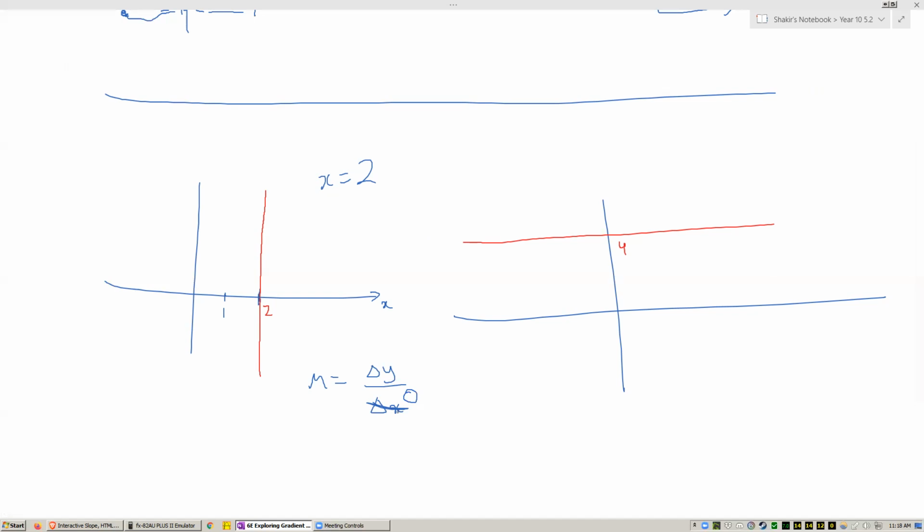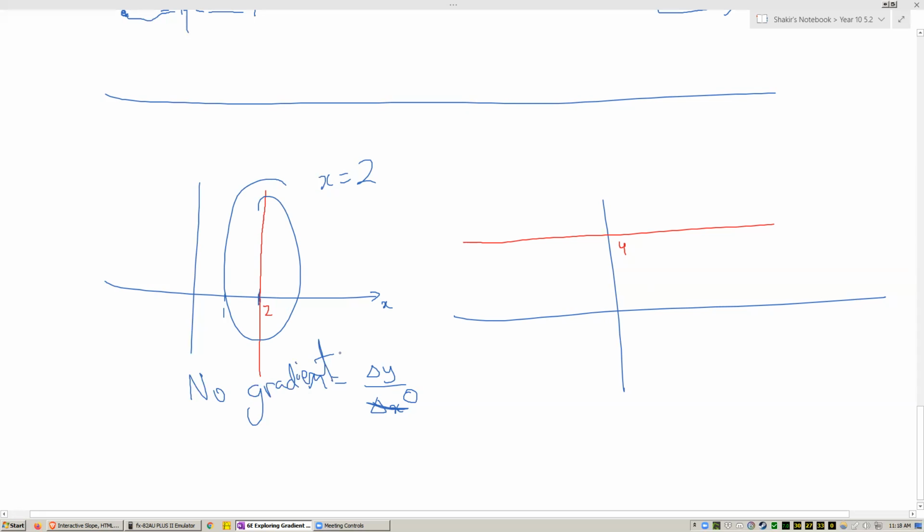It breaks all of mathematics. If you do advanced maths next year, we'll go into this in a lot more detail, but you can't have 0 as a denominator. This is one of the big fundamental laws of mathematics and of fractions. So this line has no gradient, because 0 is at the bottom.